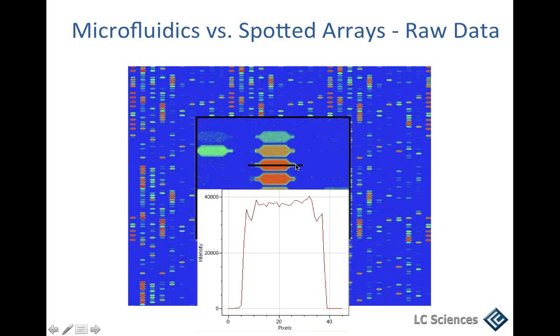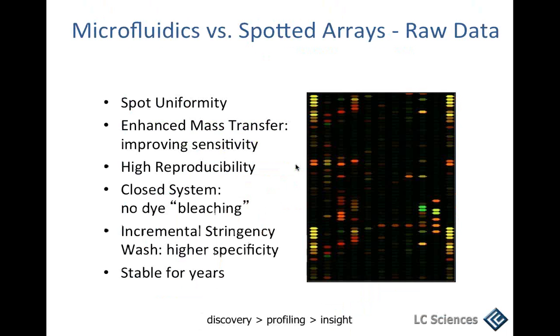So to summarize the comparison, the spot uniformity is clearly superior for a microfluidic chip. You have also pretty good sensitivity because of an enhanced mass transfer, because the sample gets constantly circulated.